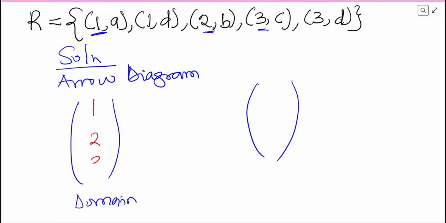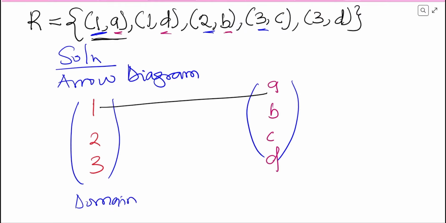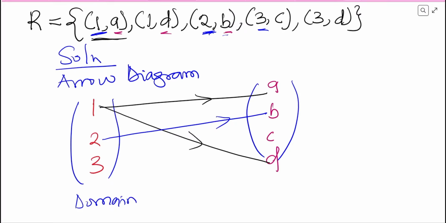And in the range, I have A, D, B, C. So essentially A, B, C, D. Now in the first case, I see 1 mapping to A. And again, I see 1 mapping to D. And as well, I see 2 mapping to B. So 2 maps to B and 3 maps to C. And again, I see 3 maps to D. So this becomes the arrow diagram for this relation.